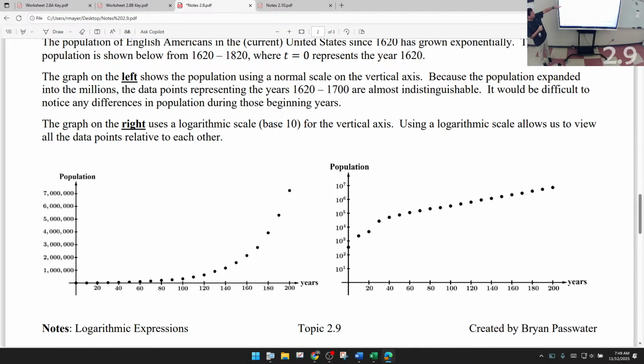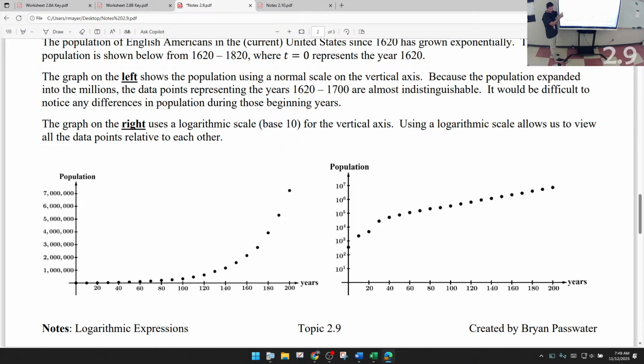The graph on the left shows the population increasing using a normal scale on the vertical axis. Because the population expanded into the millions, the data points representing years 1620 to 1700 are almost indistinguishable. In other words, I can't tell down here even close to what those values are. No idea. I know that they're growing, but it doesn't even look like they're growing at all because it's still really, really close to the x-axis. And even then, they start jumping, and finally they get all the way up here to like 7 million.